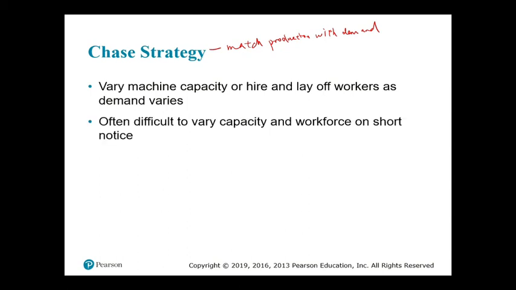And of course, this strategy is difficult to manage because capacity and workforce is often difficult to change on short notice. And if the cost of varying capacity is high, then this strategy will be very expensive to execute.